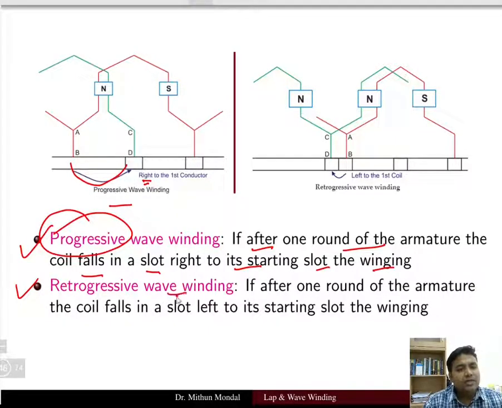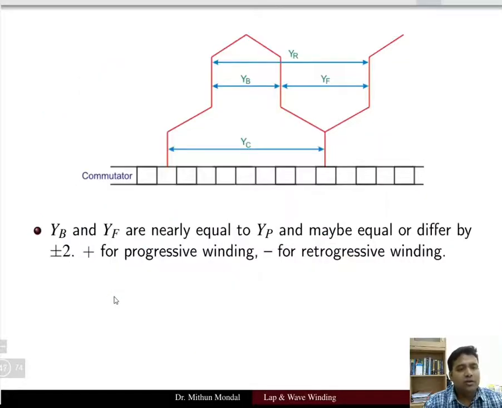And in the retrogressive wave winding, after you complete one round of the armature, the coil is falling in the slot left of the starting point. So whether it is moving to the right or to the left after completing one round depends upon whether it is progressive or retrogressive.